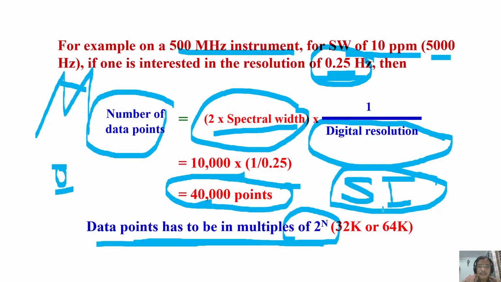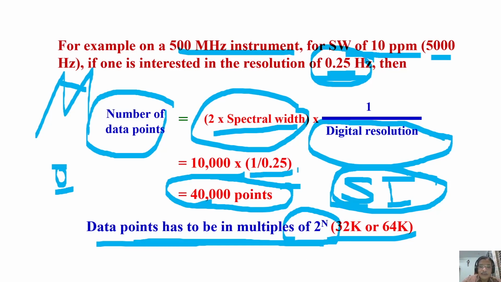But at the time of acquiring, the memory of the computer for which you are going to collect the data has to be in multiples of 2 to the power of n. It should be 32K or 64K, or 16K. You have to choose based on the number of points you need.